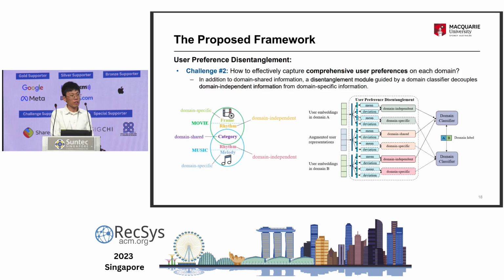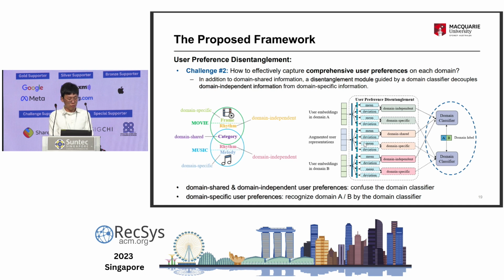As for the second challenge, inspired by VAE and MetaFD mix-up, we designed this structure to be our user preference disentanglement module. So after that, we can get the domain independent and domain specific user preferences in each domain, and the domain shared information as well. And we also introduce a domain classifier to supervise the disentanglement task.